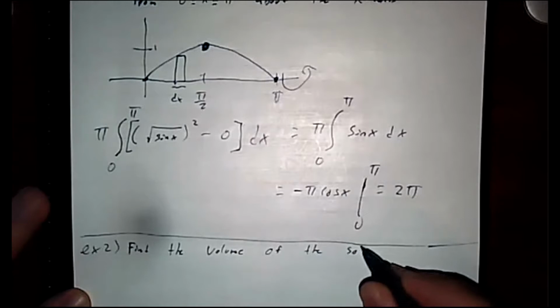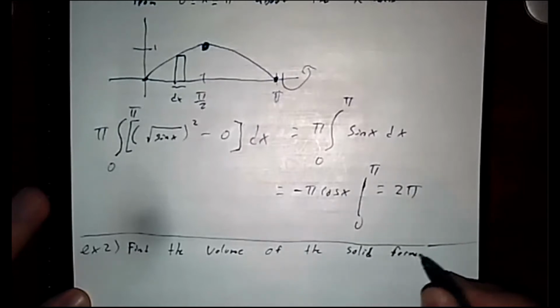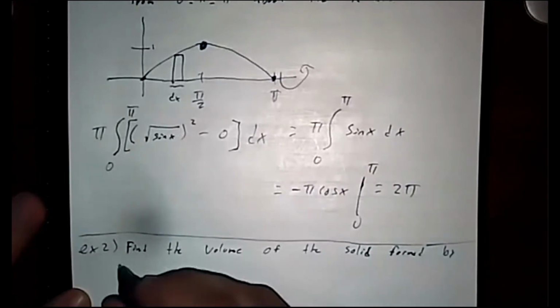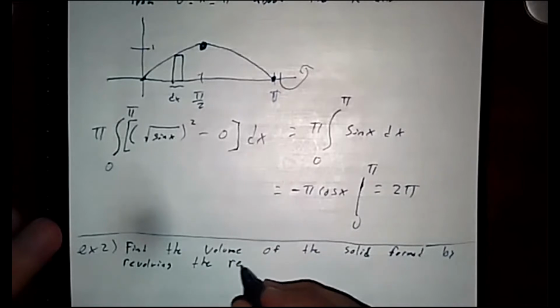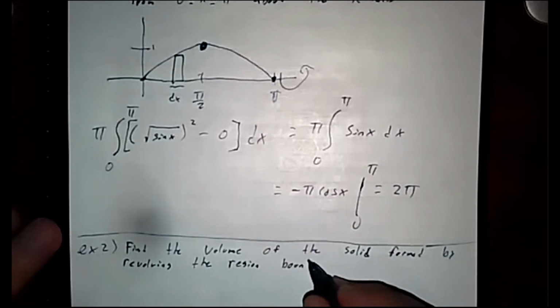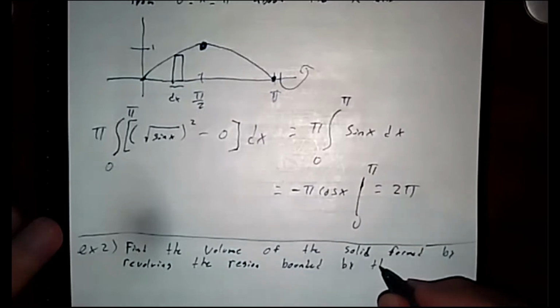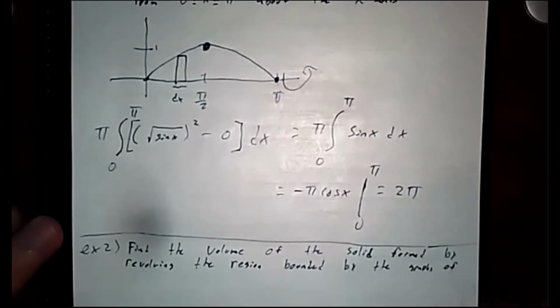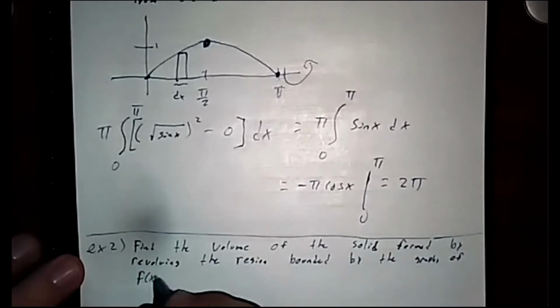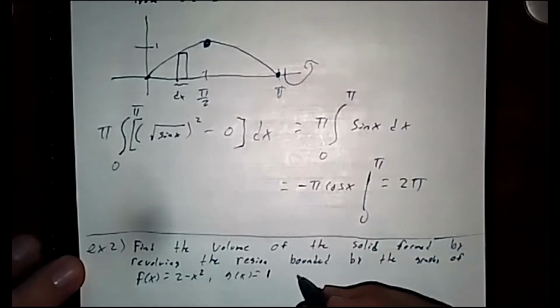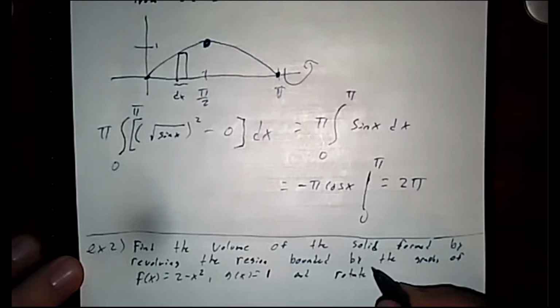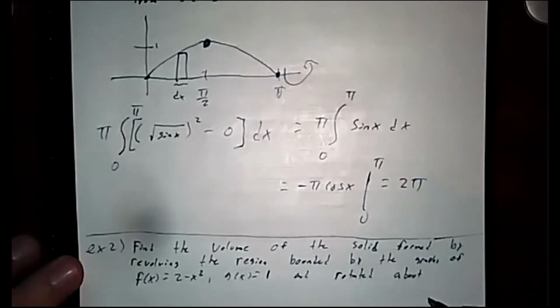Of the solid formed by revolving the region bounded by the graphs of f of x equal to 2 minus x squared, g of x equal to 1, and rotated about y equals 1.